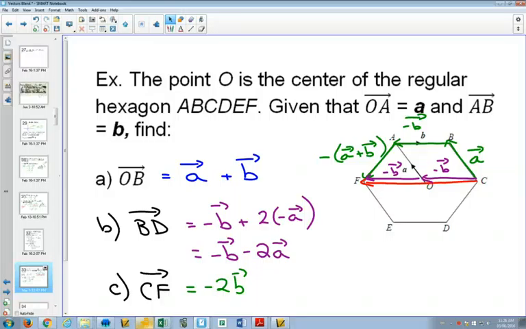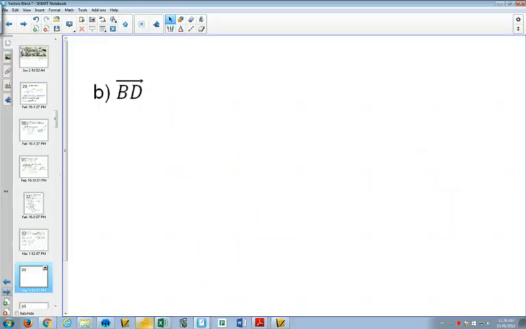Now these first three examples, we've dealt with a couple midpoints. We've dealt with parallel lines. In this last example here, now we can start dealing with a couple of ratios.